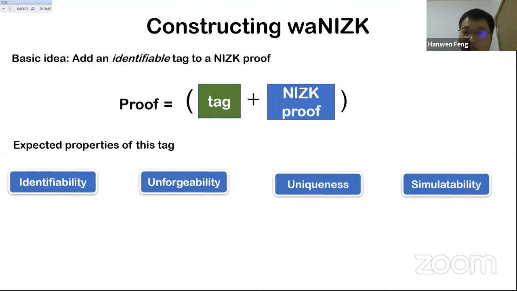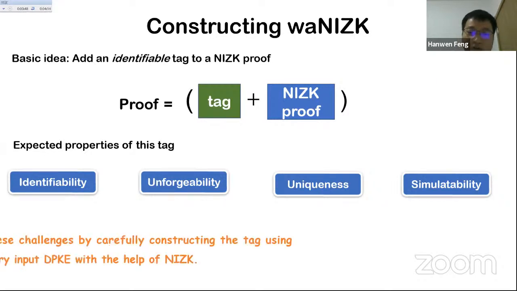This tag should also be compatible with the entropic ZeroKnowledge, so we require simulatability. We notice all these properties are hard to satisfy simultaneously, particularly when we consider general cases. We indeed give multiple constructions depending on the generality, that is, whether the identifier can be non-uniform or can depend on the CRS.